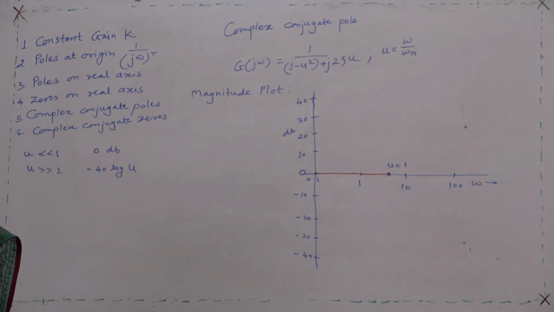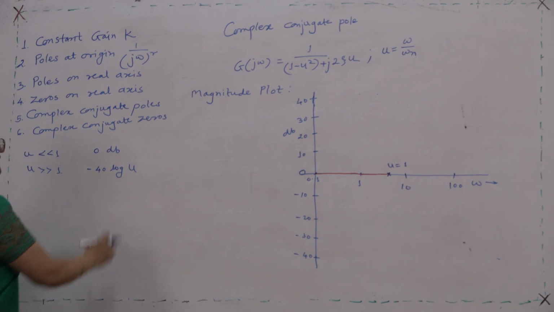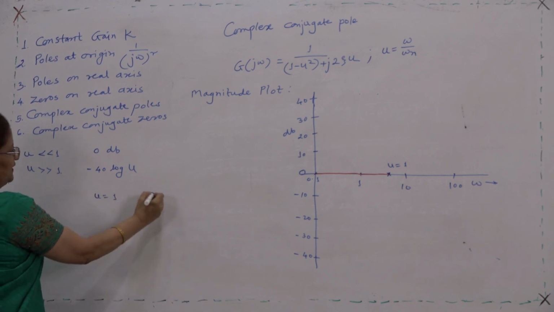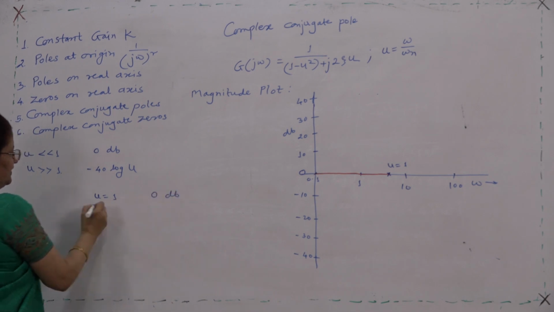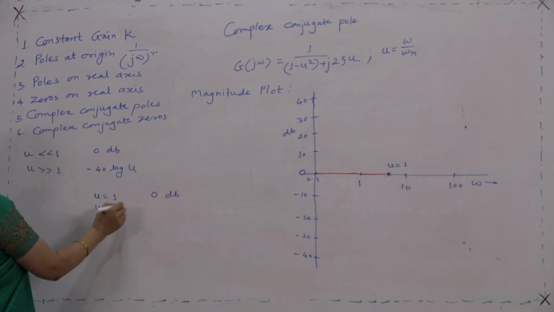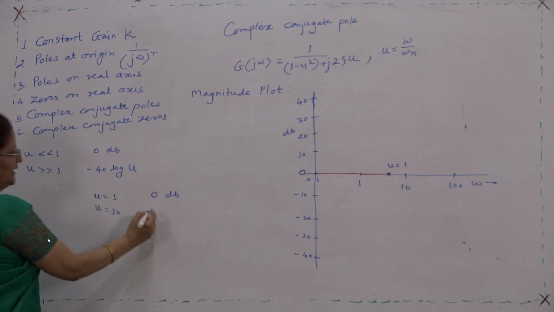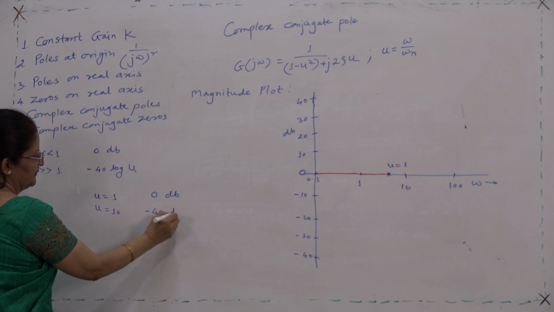So, how will you find this out? Actually, we have seen this, I am repeating it again. Consider u is 1. So, what is the value at that point? At u equal to 1, you will get 0 dB. When u is 10, what you will get? For u equal to 10, log of 10 is 1, at that time it is minus 40 dB.